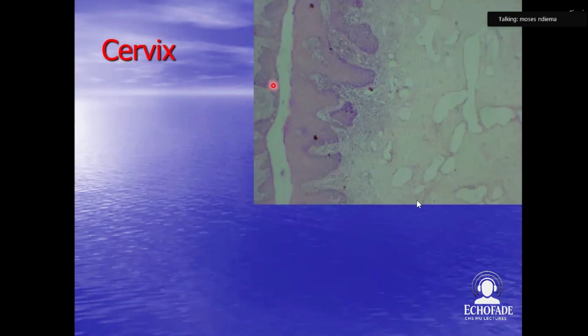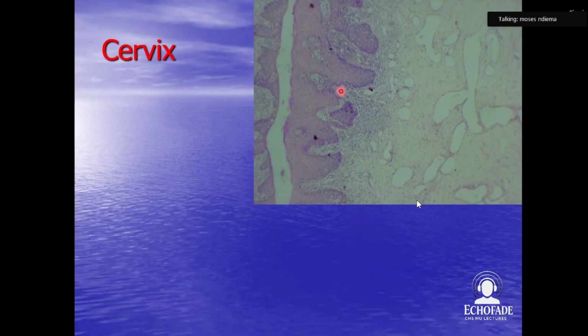It's lined by simple columnar epithelium, with a lot of mucosal folds. We have cervical glands producing mucus and also glycogen, just like what we have in the endometrium of the uterus.